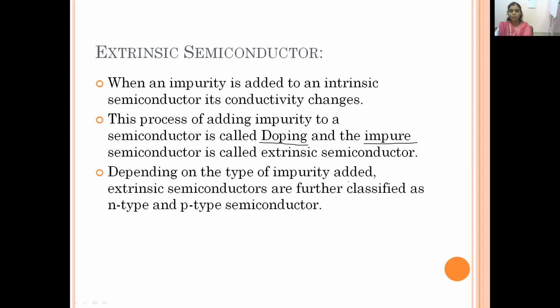Depending on the type of impurity added, extrinsic semiconductors are further classified into N-type semiconductor and P-type semiconductor.